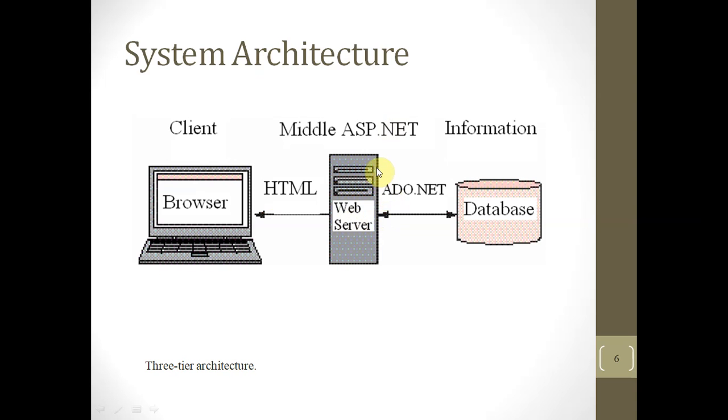So today I'm discussing this ASP.NET programming: how to write the program for ASP.NET, how to develop a page in ASP.NET. Basically the page is called an ASP.NET form. This is also called the system architecture of the entire model, or the three tier model.